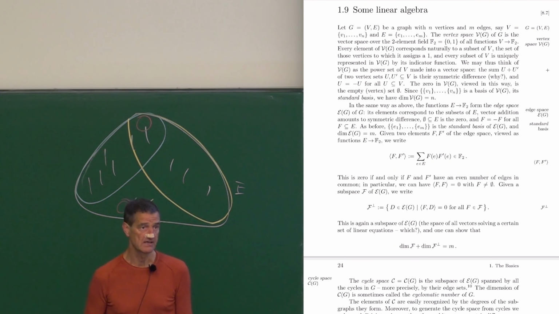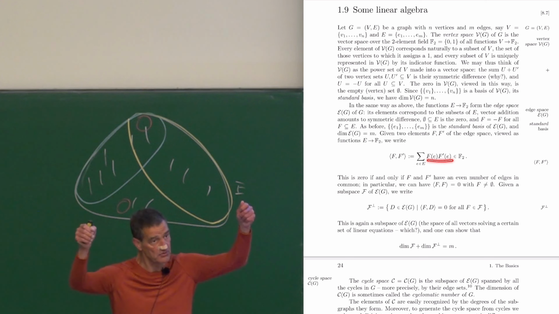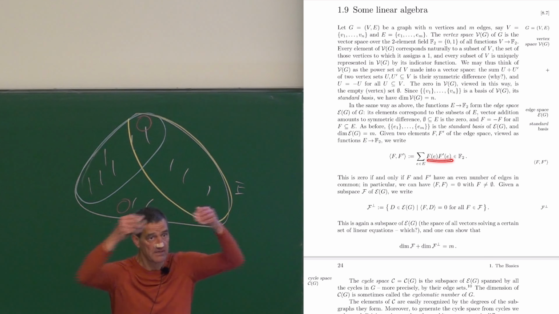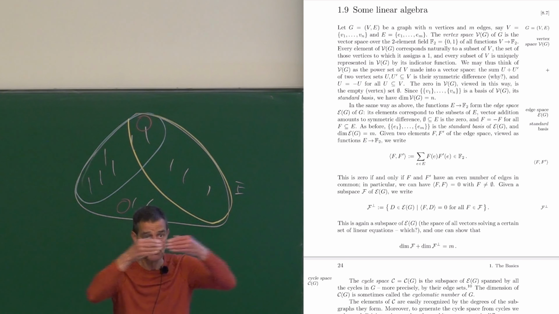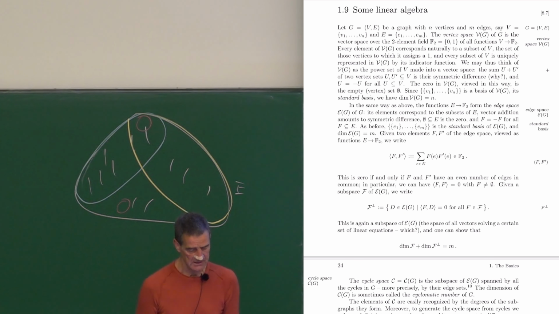But it works exactly the same here if you take as the set over which you sum the edges themselves, and then just take the two images, multiply them, do that for every edge, and then you sum them all up. Right? So that's the dot product of two elements of the edge space.